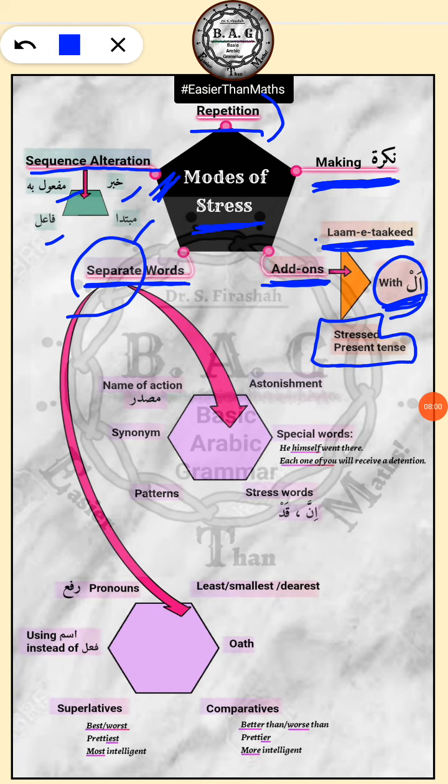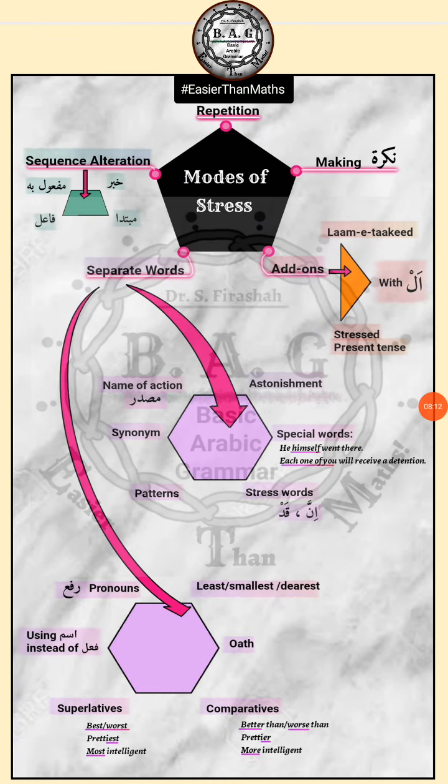I'm not going to tell them right here in this very lesson, but I've got a separate lesson for each of these. This lesson is only for overview. So at this moment, simply remember that for the add-ons, we have got three scenarios, and they include the lam ta'kid, al, and the stressed present tense.